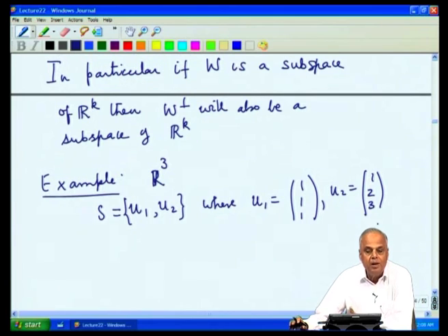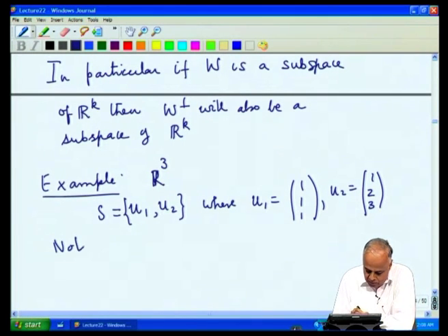Notice that S is not a subspace, because the vector (1, 1, 1) is there, but multiples of this vector are not there. So, here note S is not a subspace.